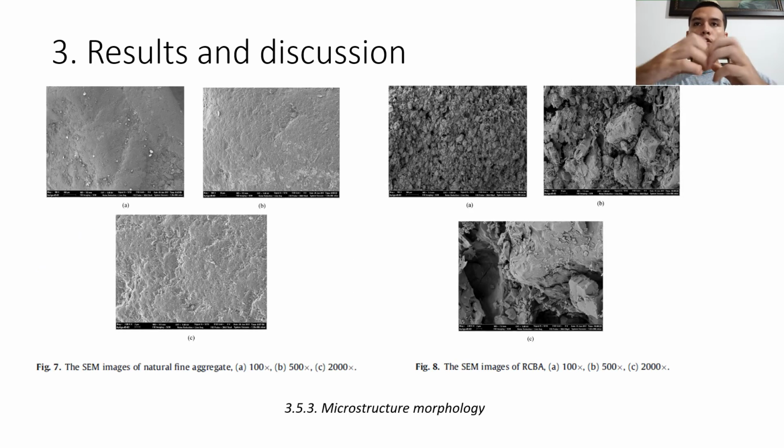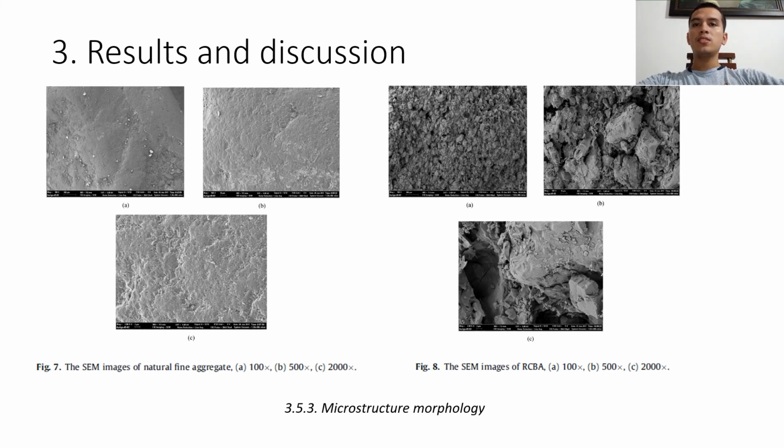For the morphology of the microstructure, a natural aggregate was compared with the RCBA, and it was obtained that, first, for the natural aggregate, the texture is smooth and spherical. Also, its microstructure is dense. For RCBA, the texture is rough.